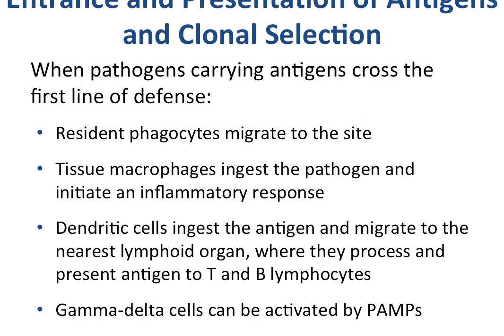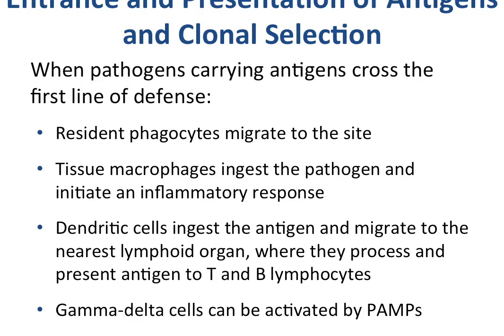So how is the antigen information presented to the lymphocytes? This task is performed by the antigen presentation cells. Those are cells with phagocytosis capacity, for example the phagocytes that can digest the pathogens.